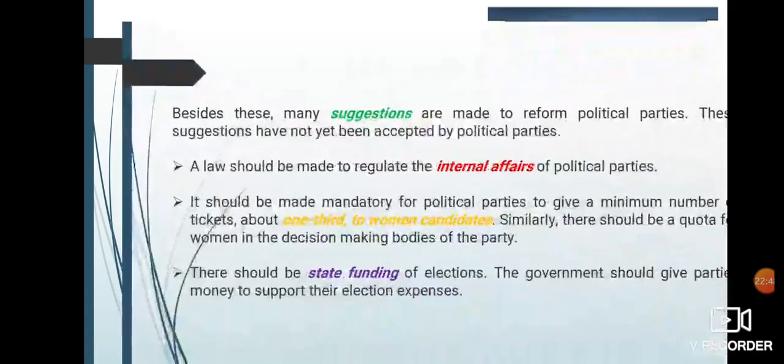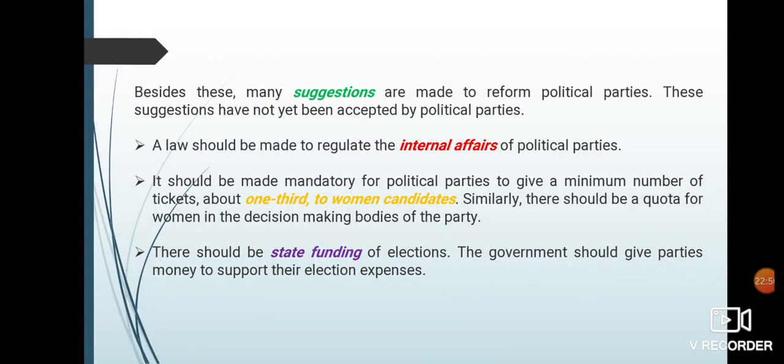Besides these, some suggestions are often made to reform the political parties. Under the suggestions, a law should be made to regulate the internal affairs of the political parties. Second, it should be made mandatory for political parties to give a minimum number of tickets, about 1/3, to women candidates.